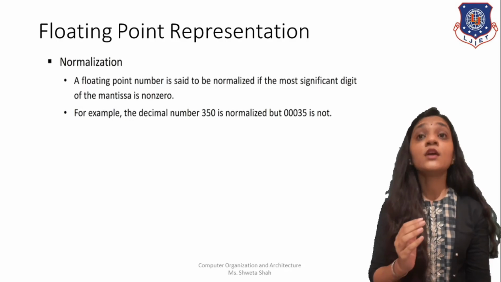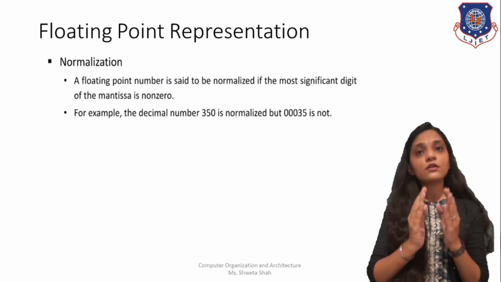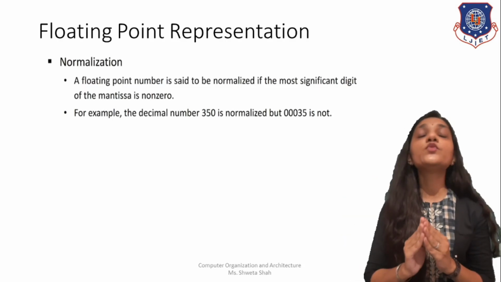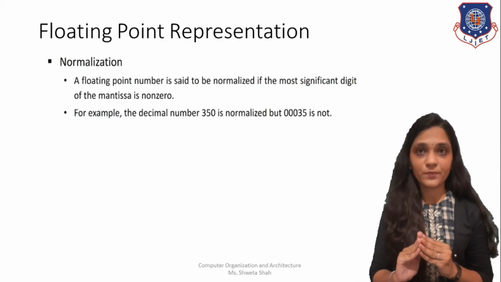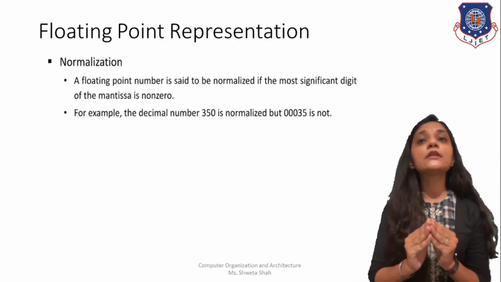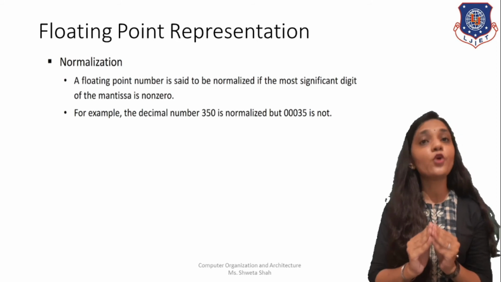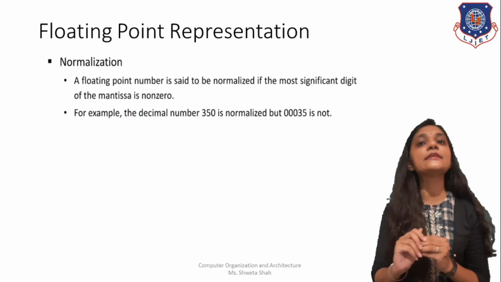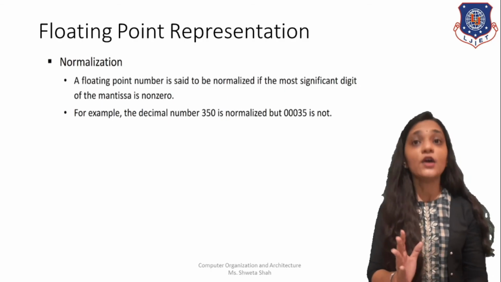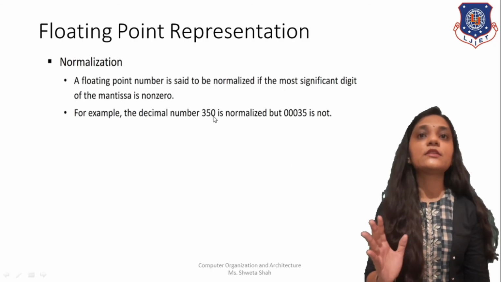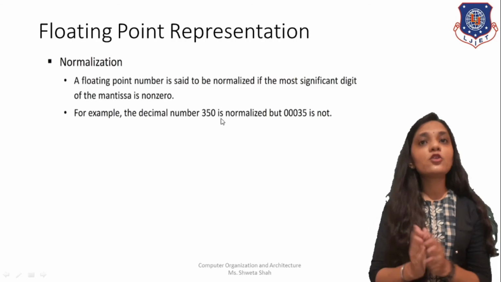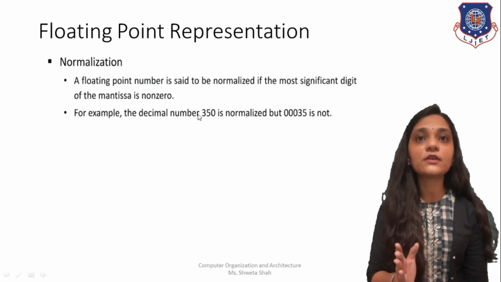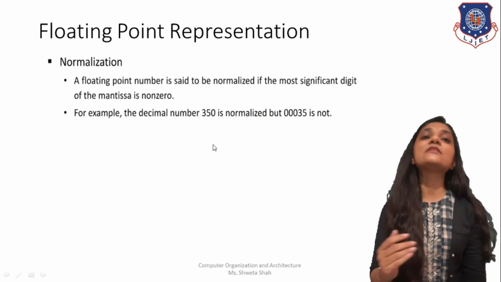Okay, so for this conversion you will need to normalize the number. A floating point number is said to be normalized if and only if the most significant digit of the mantissa is non-zero. For example, if we consider the number 350, it is normalized, because its most significant digit is non-zero.